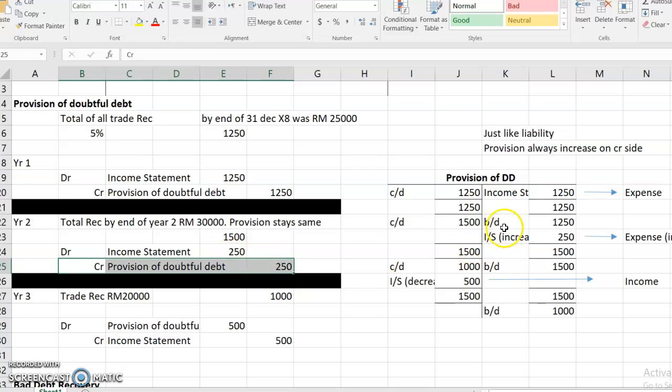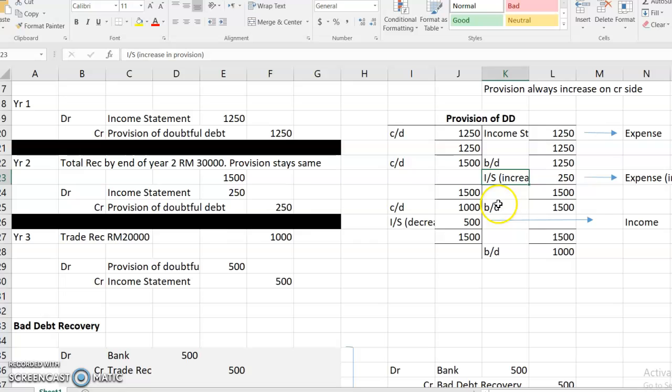Now what does it mean? It means from 1250 it increased to 1500 this year. So it increased by 250. So we can write under income statement as increase in provision.